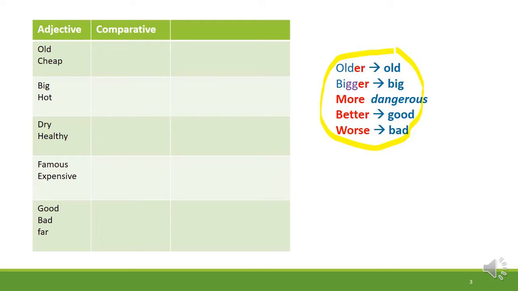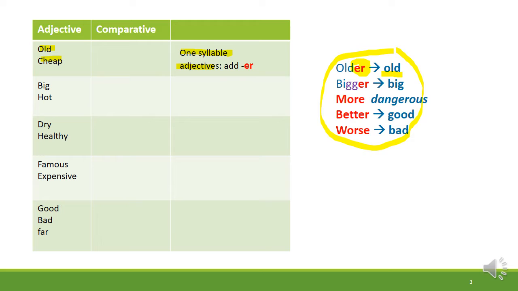Older comes from old. We added er. So let's see what happened. When we have one-syllable adjectives like old, cheap, these are short adjectives.